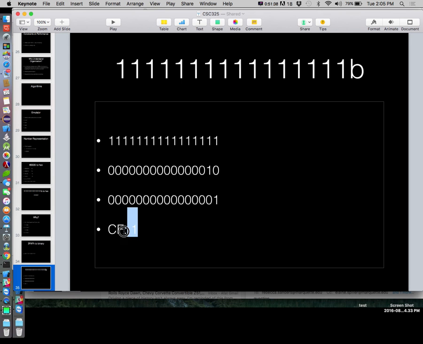That 1 gets thrown in our carry flag. That's when this flag gets set. That make sense? Go ahead.